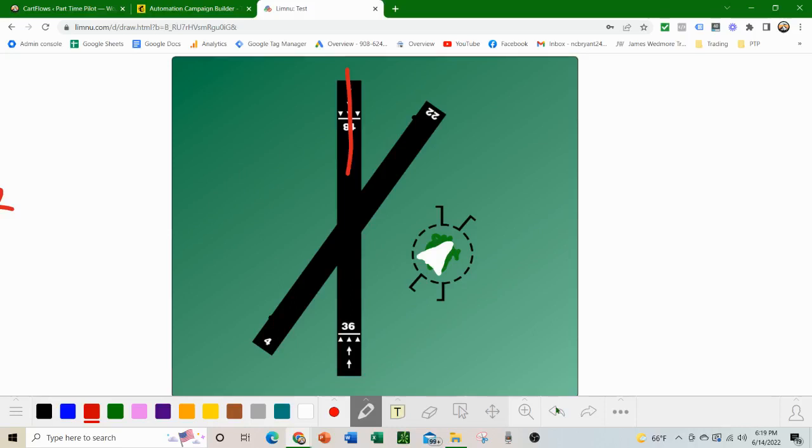All right, so let's go back to the wind triangle that I drew. What is the best runway? We'll give it a little bit. Roy says left 22.